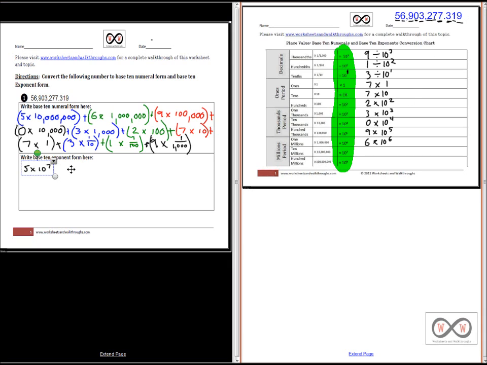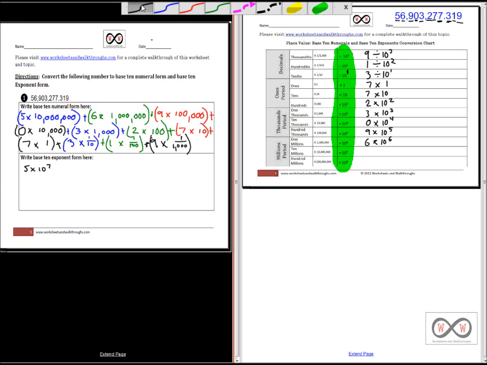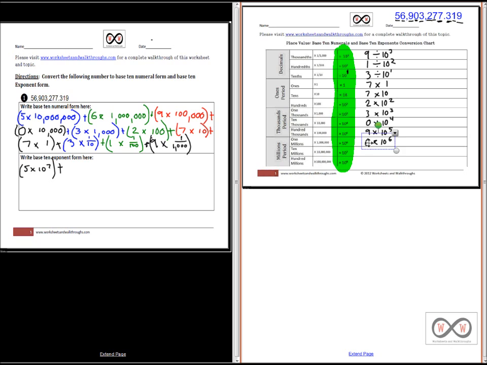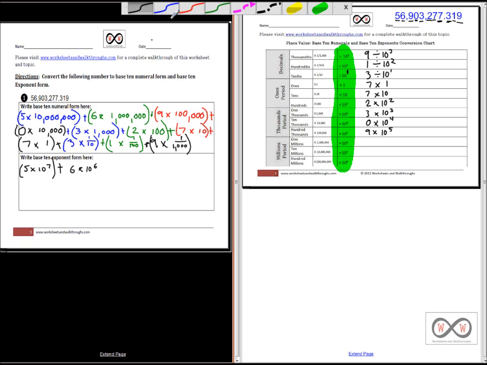Let me just get that set. Okay, so now we want to put our parentheses, and then we're going to move on over to grab this next one. All right, 6 times 10 to the 6th power, and we put our parentheses around that with our addition symbol between the parentheses. Then we'll just keep on moving.